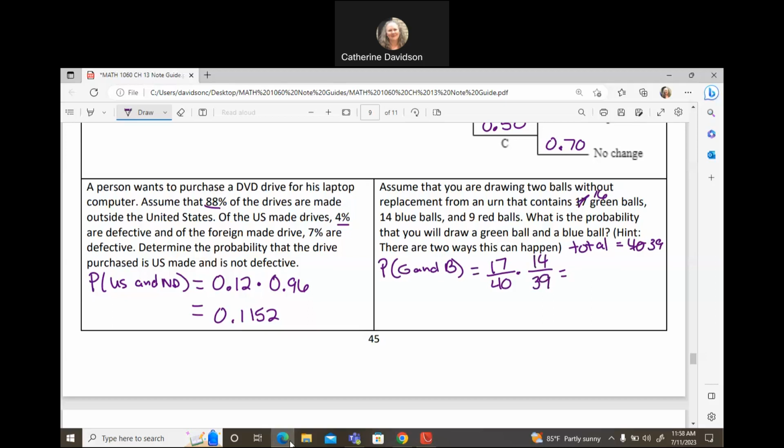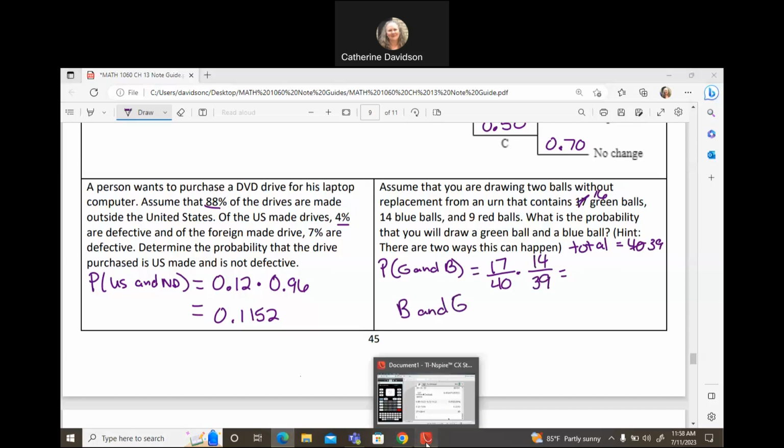And this is similar to one we did before. You could pull the blue first, and then the green. So once we get this answer, we are going to multiply it by 2.